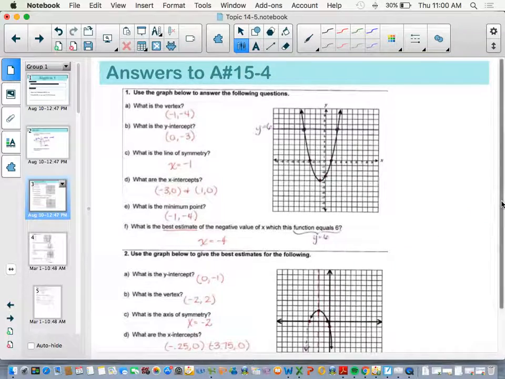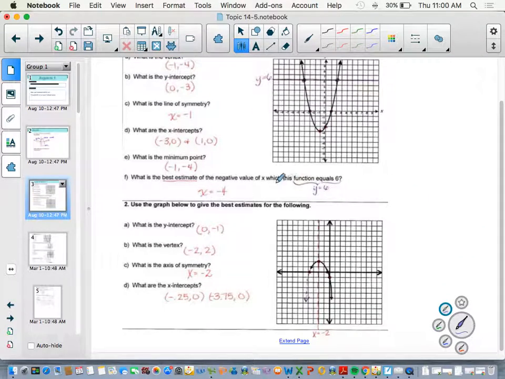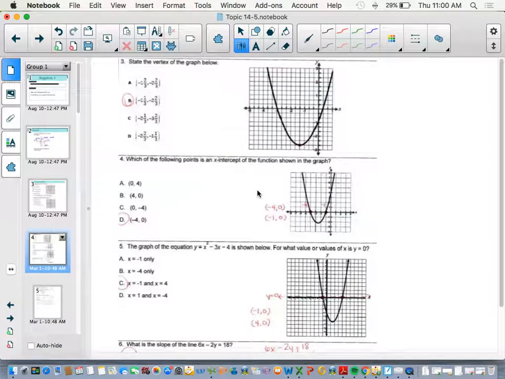I'm going to scroll down. Get the rest of your page checked. You were close on D of part 2. That's okay, as long as you were close. Check 3, 4, and 5.